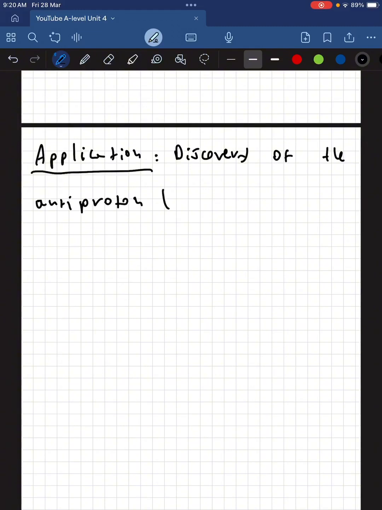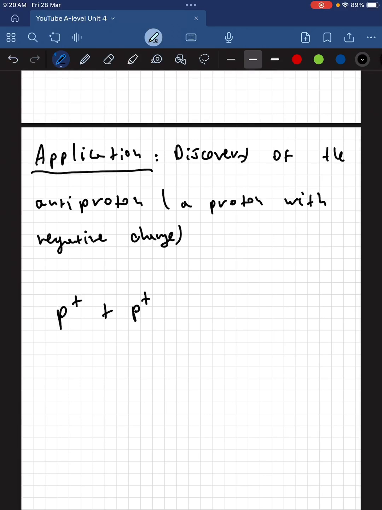We will talk about the antiproton in a moment, but for now, let's say that an antiproton is a proton with negative charge. To discover this, they made 2 protons collide, and we had the production of 3 protons plus 1 antiproton. Does this make sense?